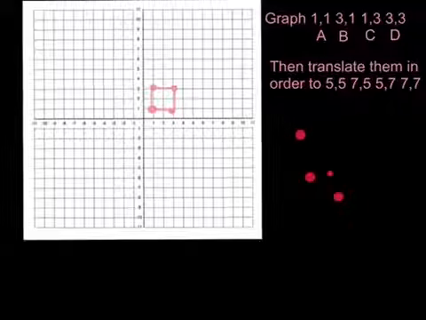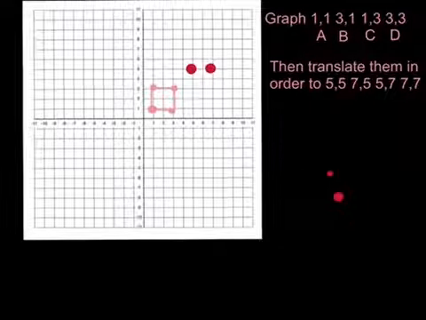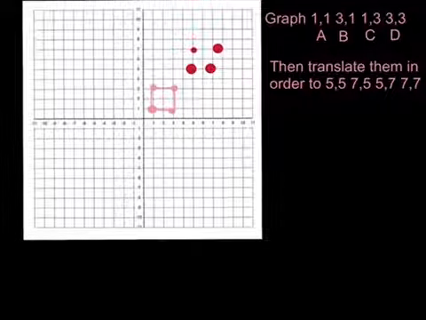So now we got to move it to 5-5, which would be right here. 7-5. And then 5-7. Come here. There we go. 5-7 would be right here. And then the final one would be right there. 7-7. Trace them out.